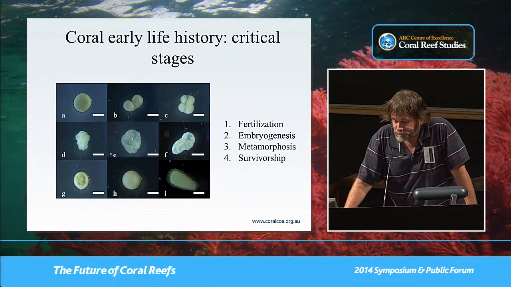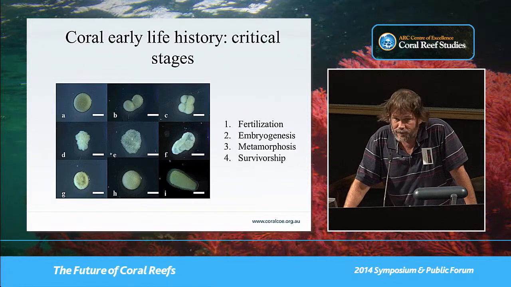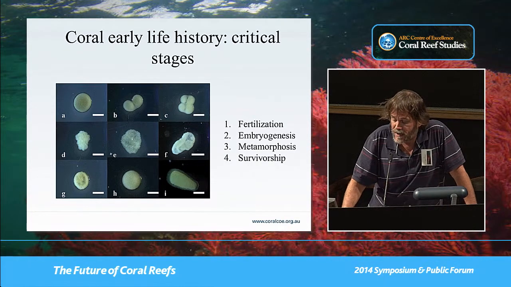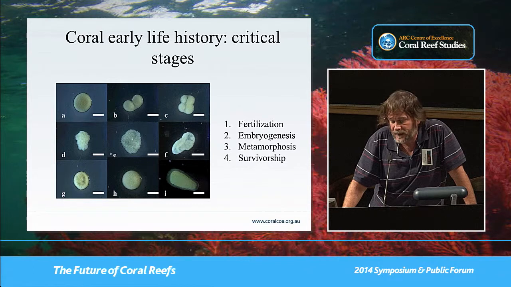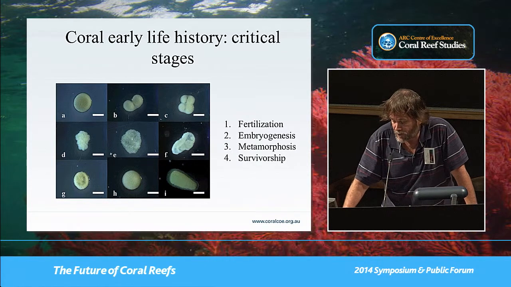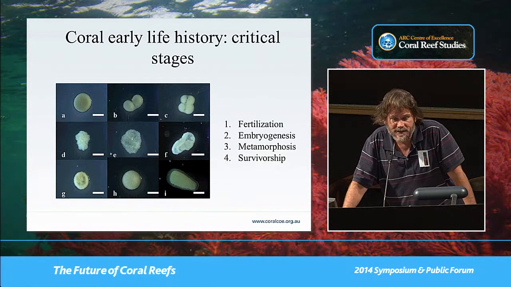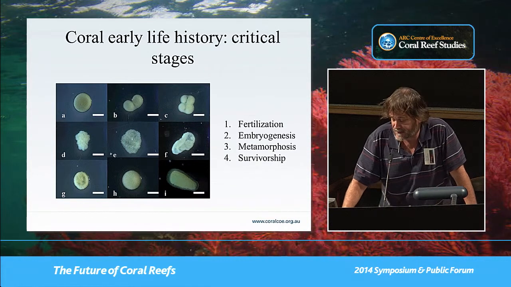This is an illustration of the process of embryogenesis. You've got a coral egg, and in the second panel there is a cleaved embryo that develops through a number of stages to a motile larva there at the bottom right, and that can take between 12 and 36 hours, just depending on the species.